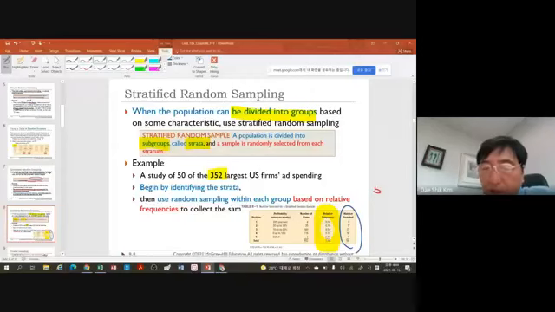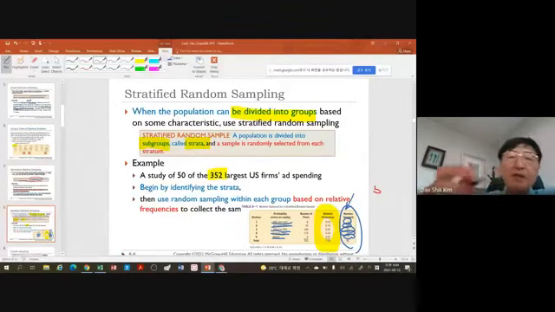So 1 sample is picked from this group, 5 samples from the second group, 27 from the third group, 16 from the fourth group, 1 from the fifth group. Then our sample will be more representative of the population compared to just simple random. A stratified random sample is quite often used.